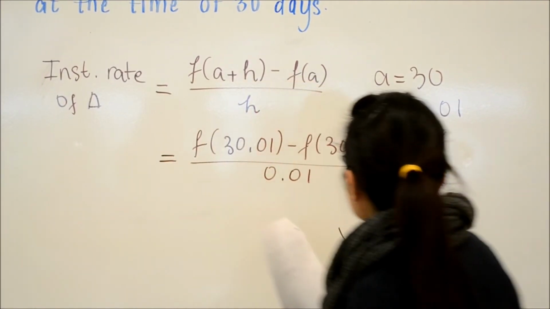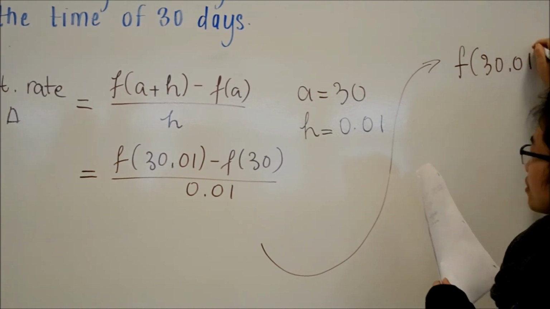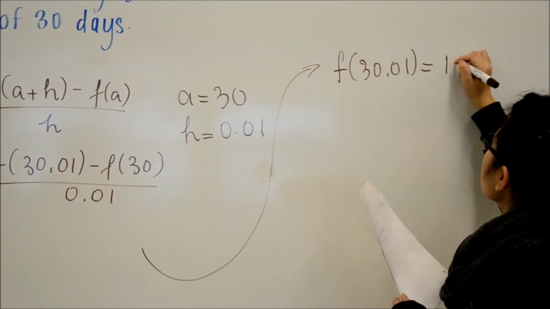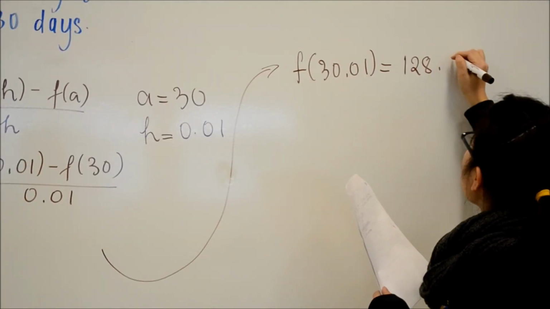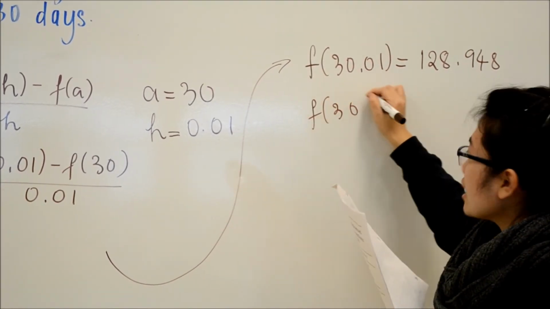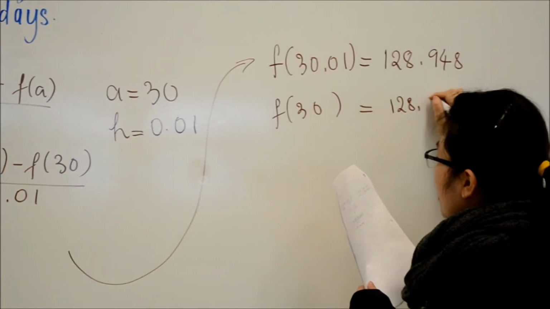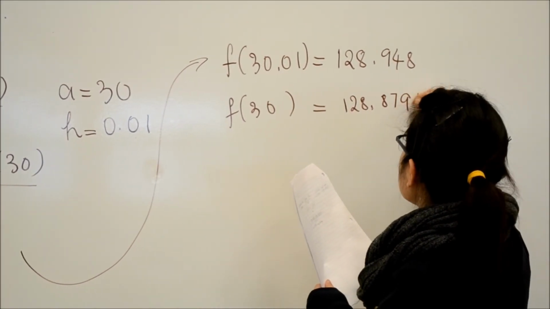When you work it out, f of 30.01 is equal to 128.948, and f of 30 is equal to 128.87953.